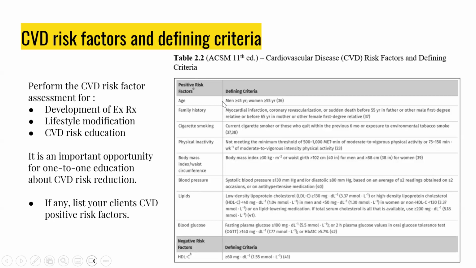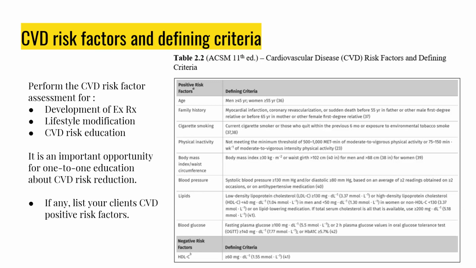If you're at an age, for men, more than 45 years old, for women, over 55 years old, you're at higher risk for cardiovascular disease. If you have a family history of myocardial infarction, coronary revascularization, or sudden death before 55 years old in the father or other male first degree relative, or before 65 years old in the mother or other female first degree relative, right?